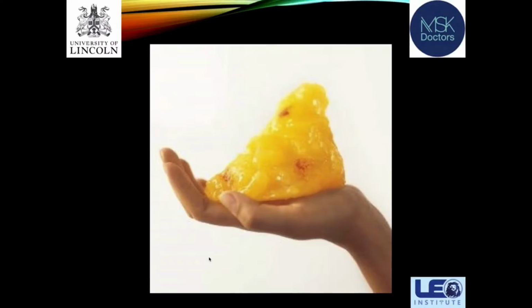So the trick is this: we need to look at fat in a slightly different way. When we look at fat, we shouldn't just look at it as a cell in isolation. We need to see it as an organ. Within the organ, there are more than just the fat cells, and that is what we're really interested in.